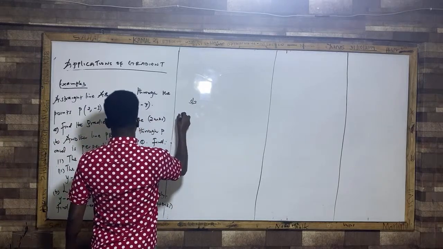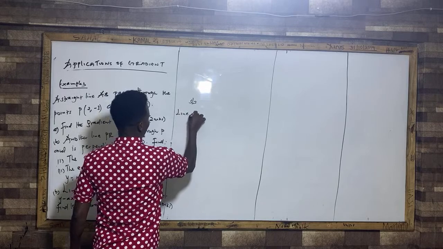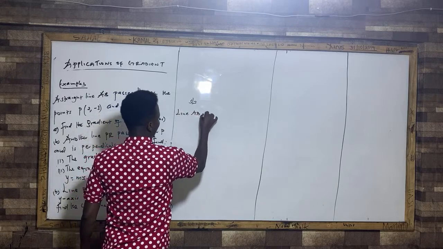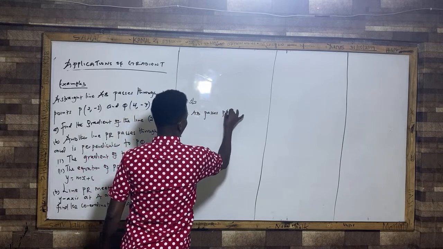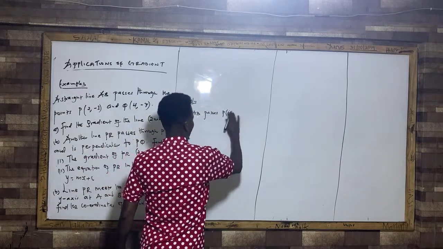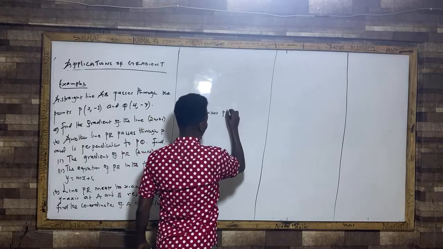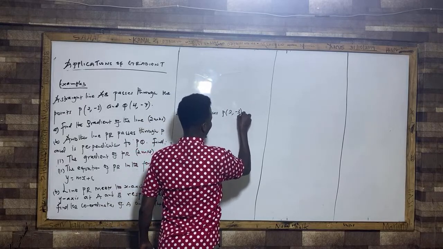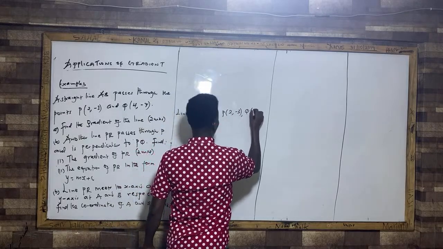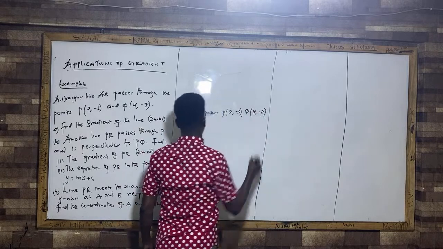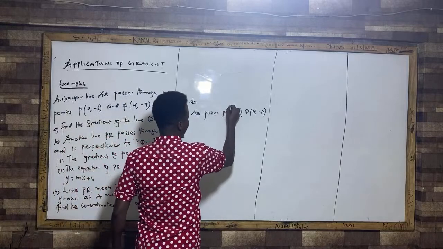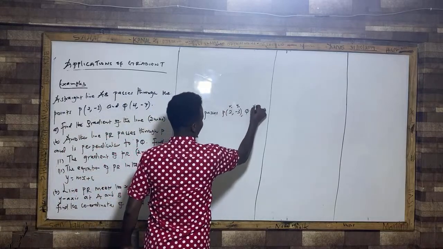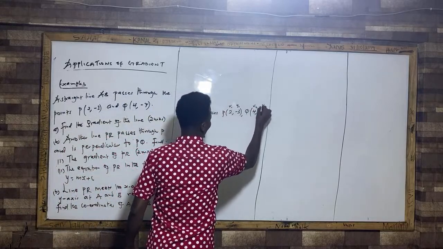So I have a line AB that passes through P (2, -3) and Q (4, -7). I can get the gradient. I'll say this is x1, y1, x2, y2, don't forget.